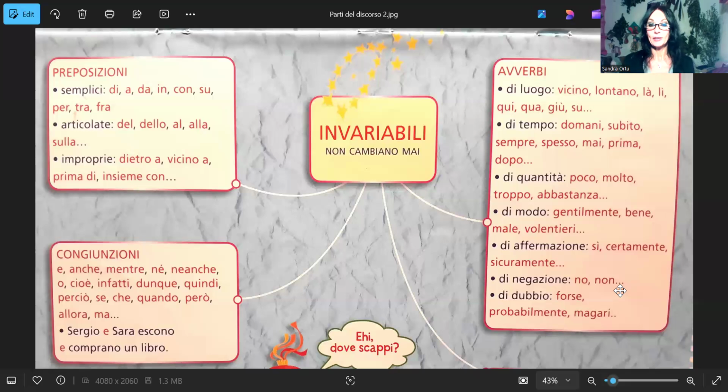So these are all adverbs. As you can see, they are separated in groups because they have their own characteristics. Some refer to a location, a place, some refer to time, some to quantity, some to manner, some are for negatives, etc. And so these are the parts of a sentence that do not change.